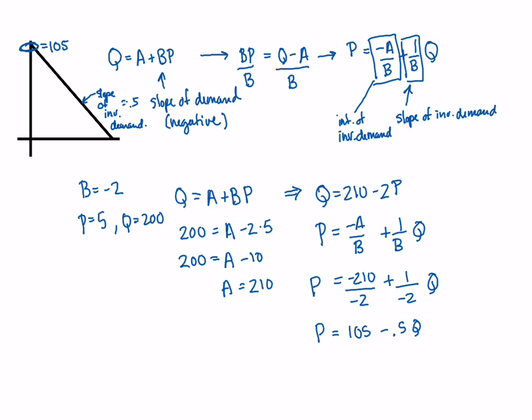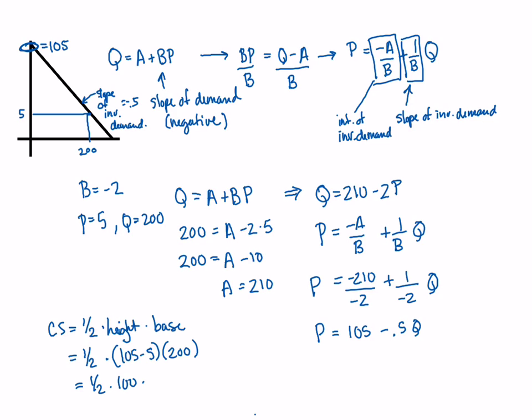All right, so let's take this point we've been given, where price is 5 and quantity is 200. What can we do with this? Well, we can certainly calculate consumer surplus. Consumer surplus is equal to 1/2 times the height of that triangle times the base, or it's equal to 1/2 times 105 minus 5 times the base of 200, which is 1/2 times 100 times 200, or 10,000.